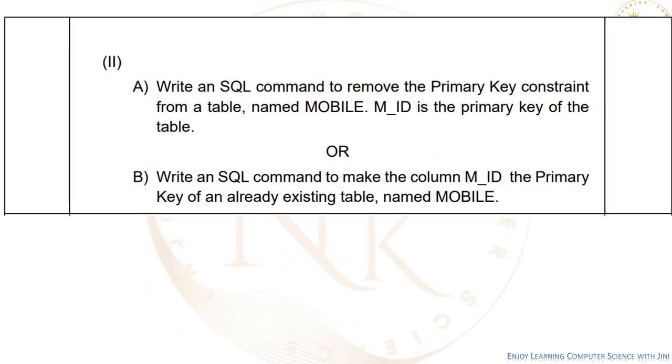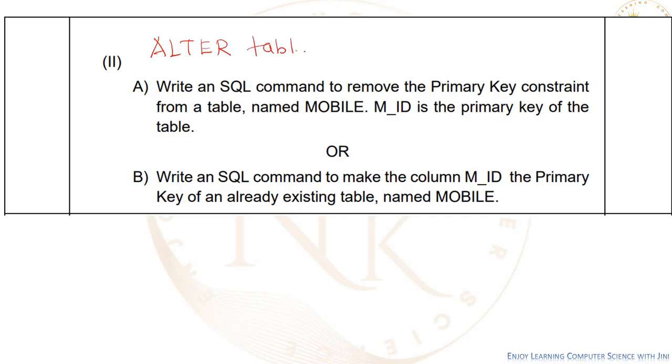Second part, write an SQL command to remove the primary key constraint from a table named mobile. MID is the primary key of the table. How will you remove a primary key? Using alter. Okay, alter command is used to remove or add. So alter, what is the table name?